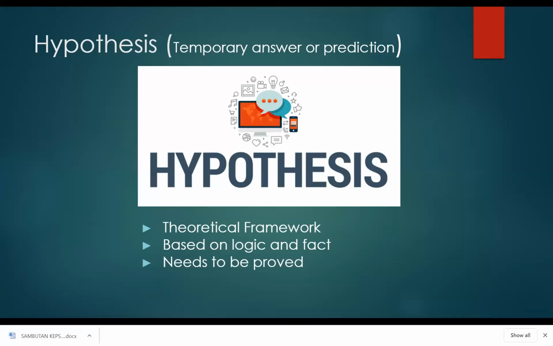Now we are going to see something new here, which is about theory and laws. We know that when we are doing an experiment to prove your hypothesis, later on that hypothesis that you prove will become a theory. And then after that, theory can be a law.